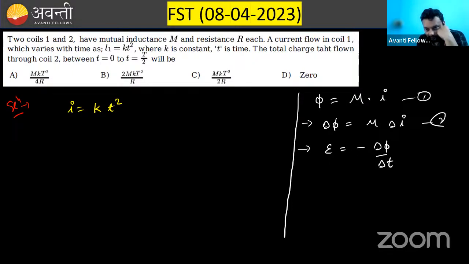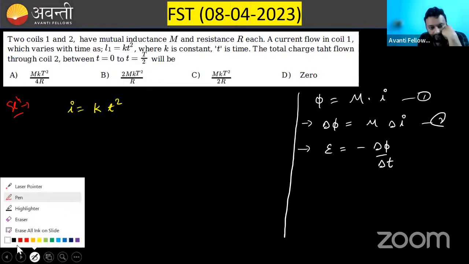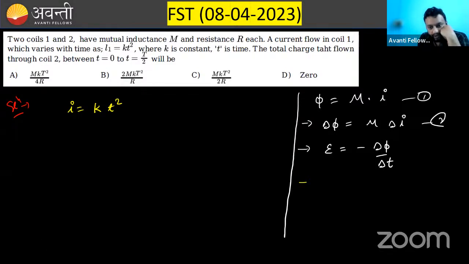Now EMF is known. Now what will be the current? If I change the color of the pen, what will be the current? I is equal to E by R. Put the values. I am not interested in the direction, so I am omitting the negative sign.